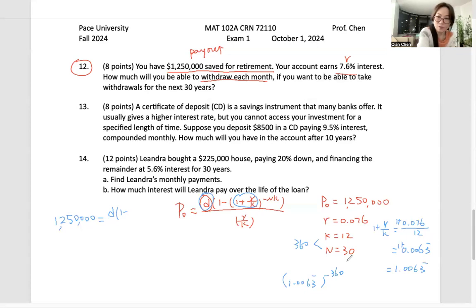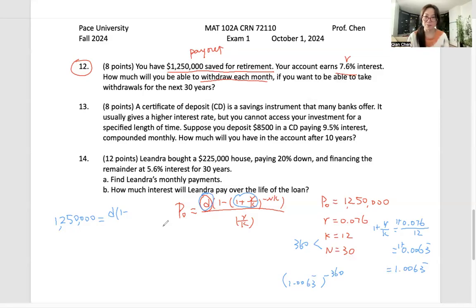This number, 1.0063333 raised by negative 360. That's not right. The calculator, so we have to use our judgment. That's not right. So I get 1.0063333 raised by negative 360.